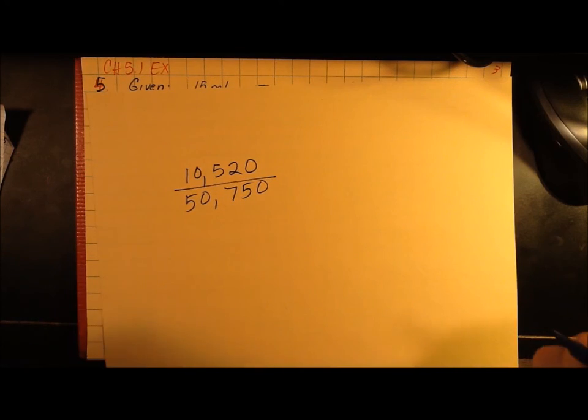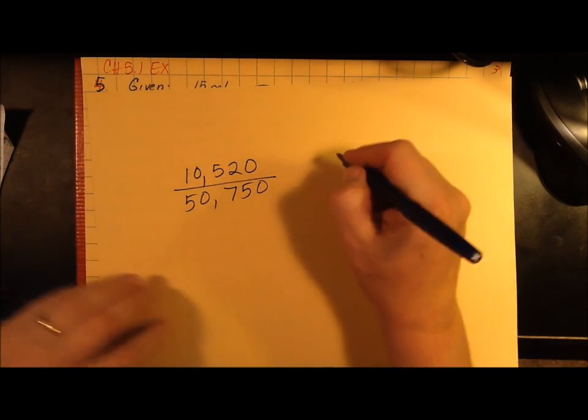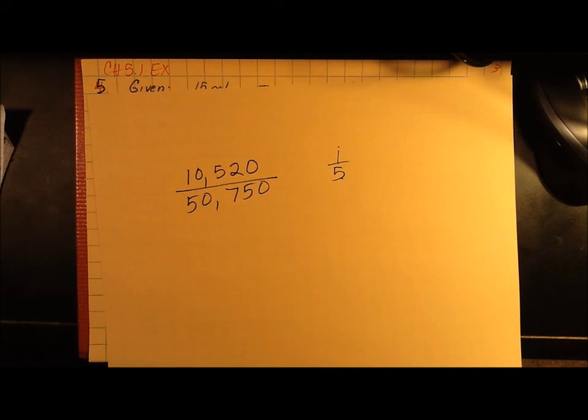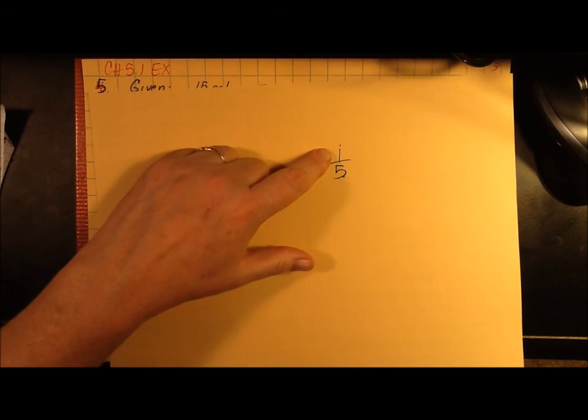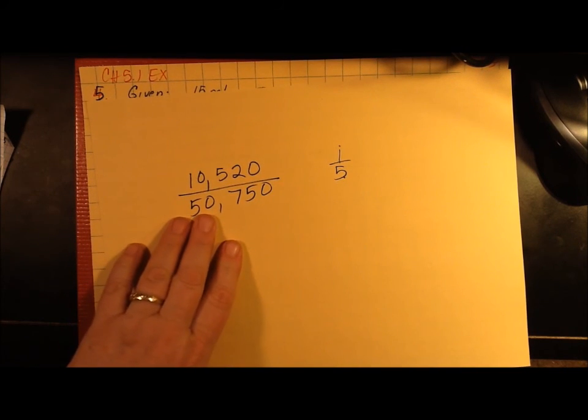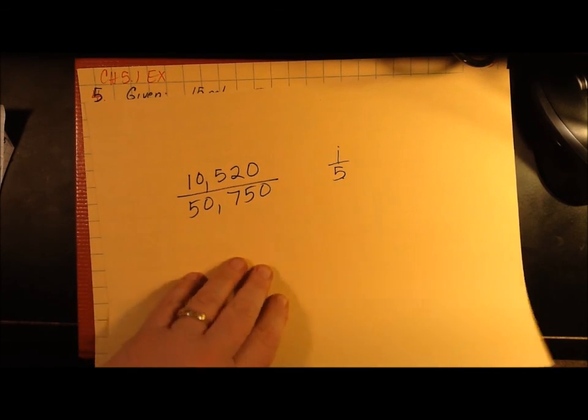But if I were able to reduce that down to about 1/5 or 1 to 5, that's a lot easier to make sense of. That's a penny for every nickel, as opposed to that, which makes your brain go, ah!